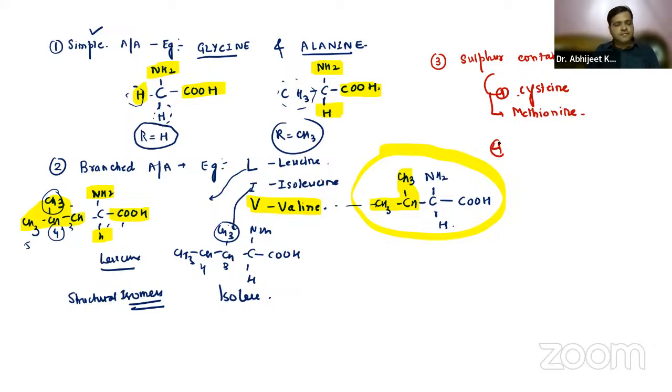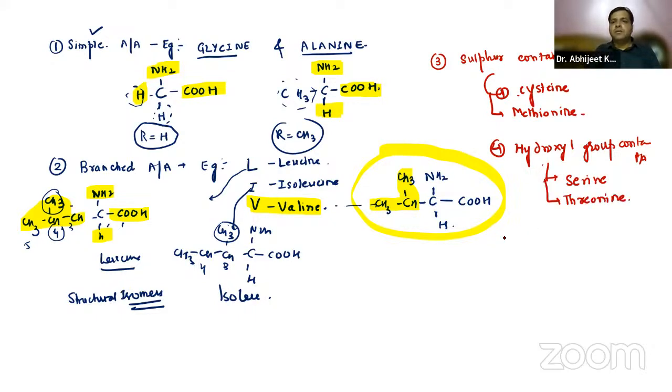Then we have hydroxyl group containing amino acids, and the examples, which you already know, are serine and threonine.